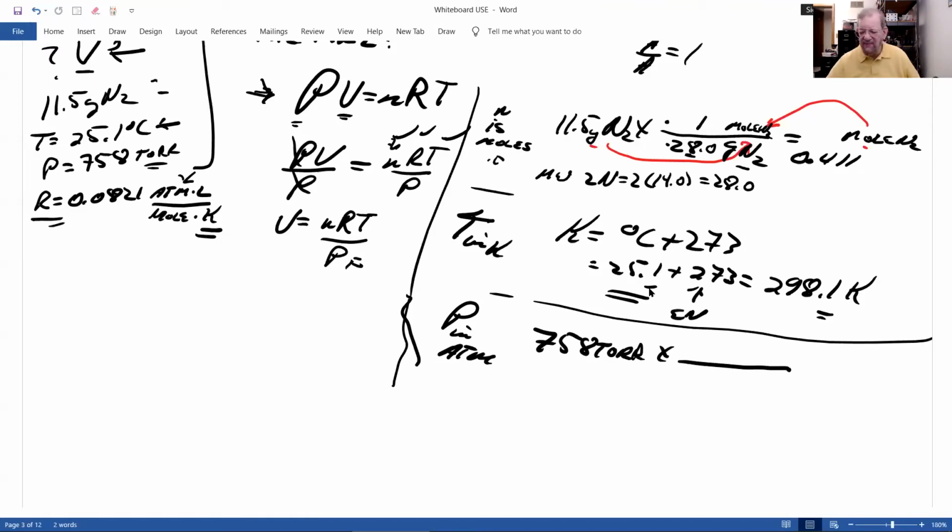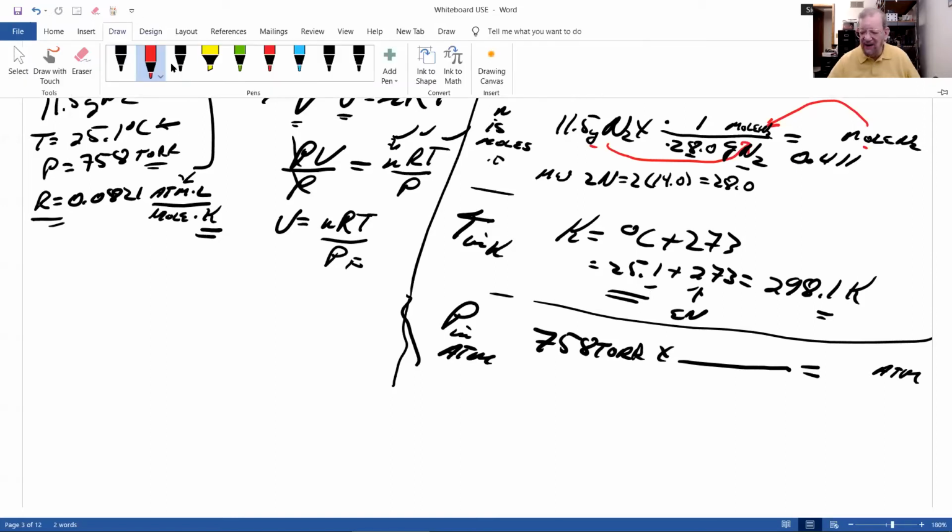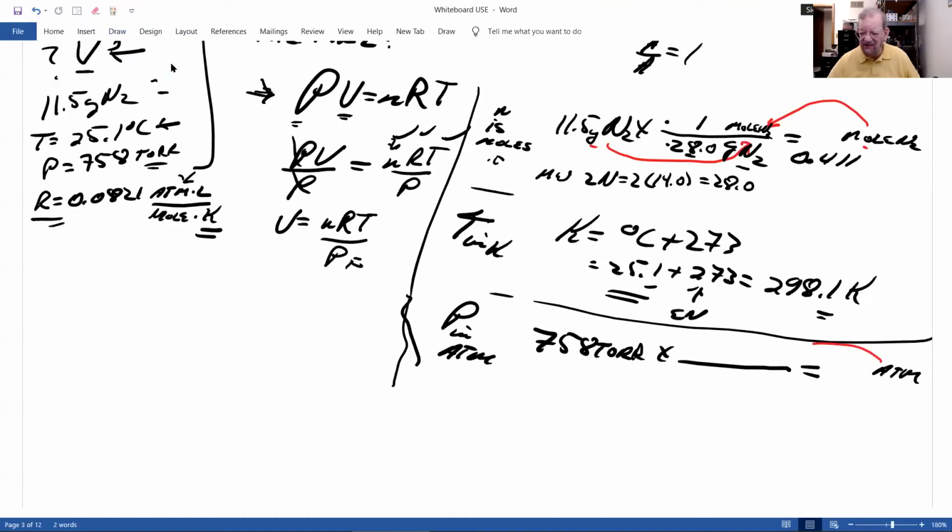And if I could multiply it by some ratio, what units do I want? Atmospheres. And once again, I'll use my good friend, unit analysis. Whatever I'm trying to get to goes on top. Whatever I'm trying to get rid of goes underneath.